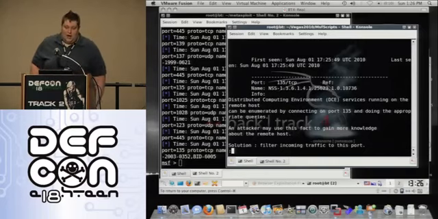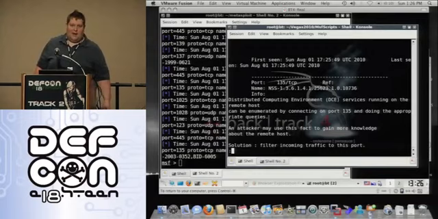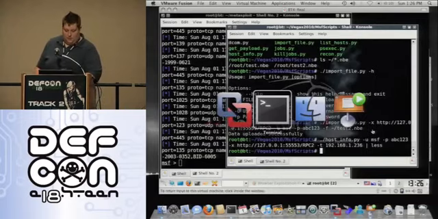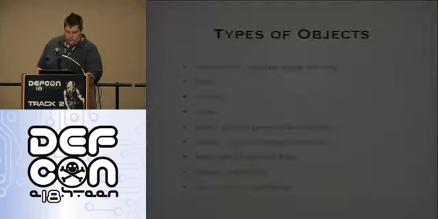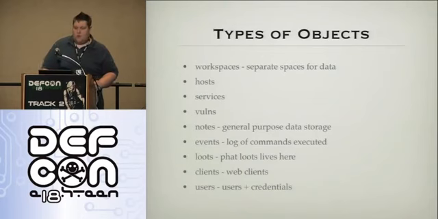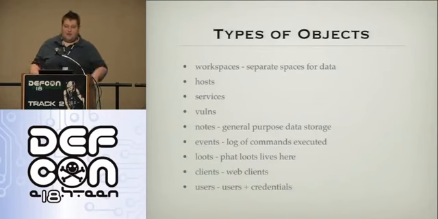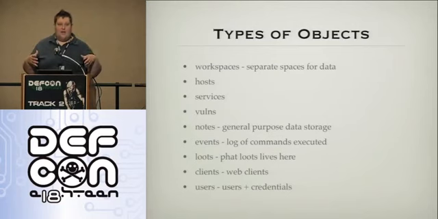So at this point, I'm going to talk about code and how it all fits together for people who are interested. There's a couple different types of objects that are involved here. The first is workspaces. Workspaces sets a chunk aside for the project that you're working on.